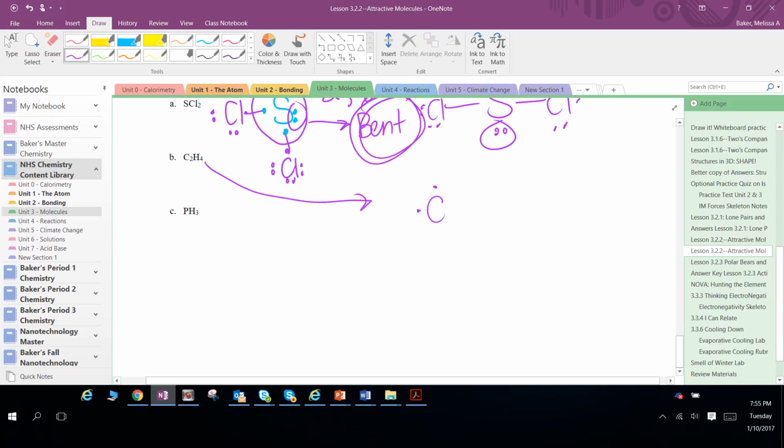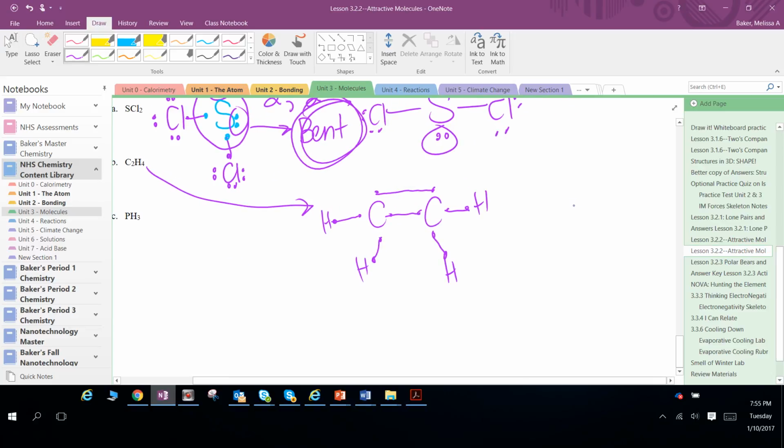C2H4. First I'm going to draw my 2 carbons, and I've got 4 hydrogens to work with, so I'm going to draw those first. I'm going to connect everything at least once and then see what happens. And I can see that I've got 2 lonely electrons still, so I need to make the 2 carbons into a double bond.